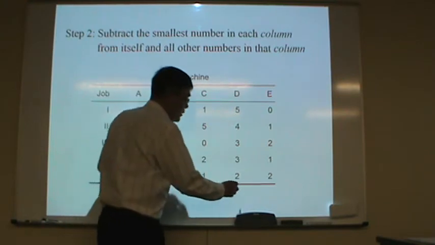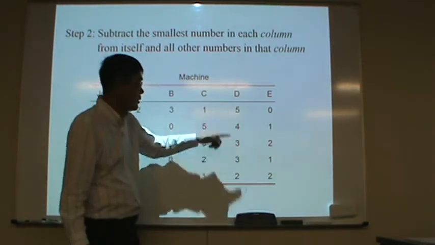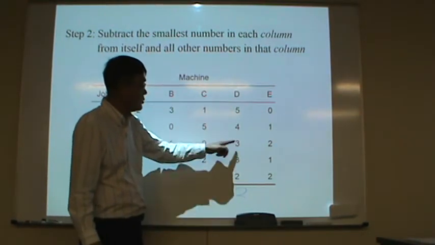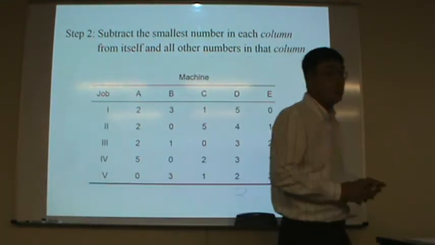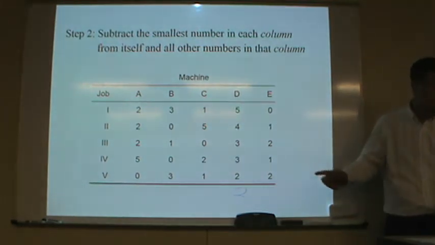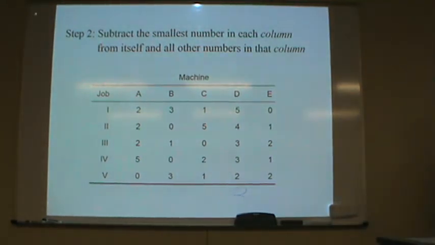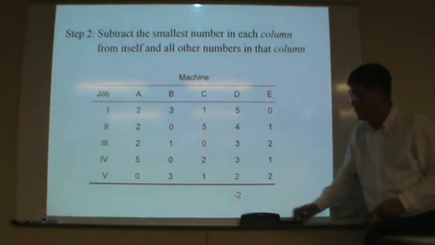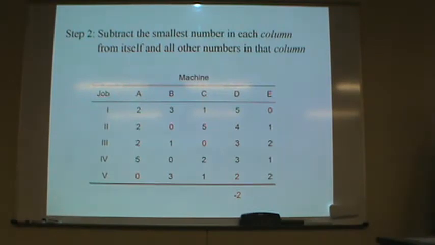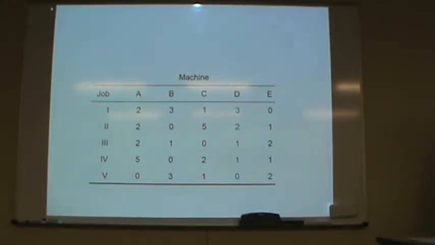Smallest is 2, right? So 5 minus 2, 4 minus 2, 3 minus 2, 3 minus 2, 2 minus 2. And the last row, 0 is smallest, it doesn't matter. So after subtracting the smallest in each column, the result is this one.